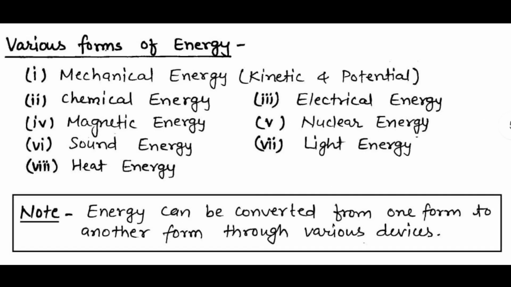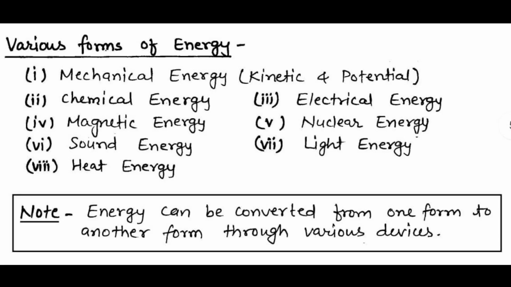There are various forms of energy. Mechanical energy means when some work is going on, either as a stored form or when the object is moving. It is of two types, or it is the sum of kinetic energy and potential energy. Other forms are chemical energy, magnetic energy, electrical energy, nuclear energy.